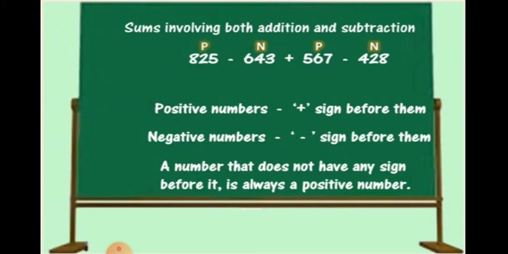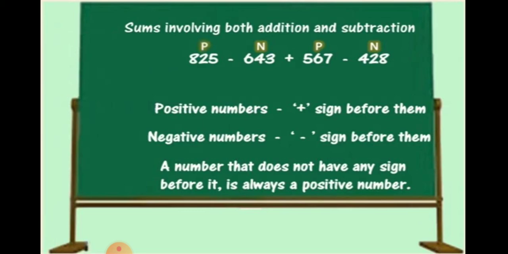So minus is written on the left side of 643, so it is the sign of 643. Plus is written on the left side of 567, so it is the sign of 567. Again minus is written on the left side of 428, so minus is of 428.